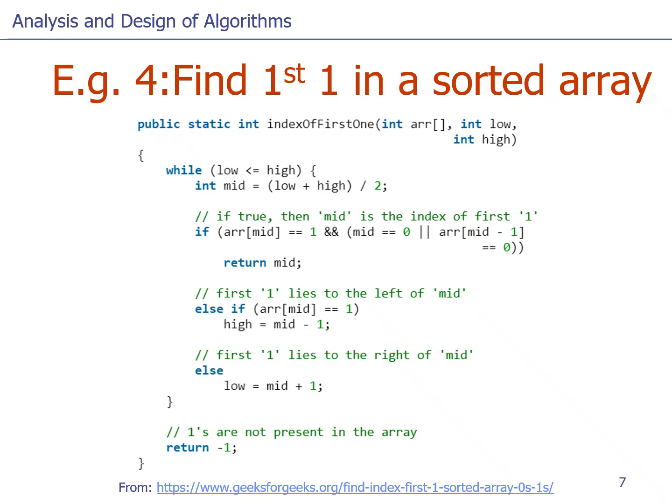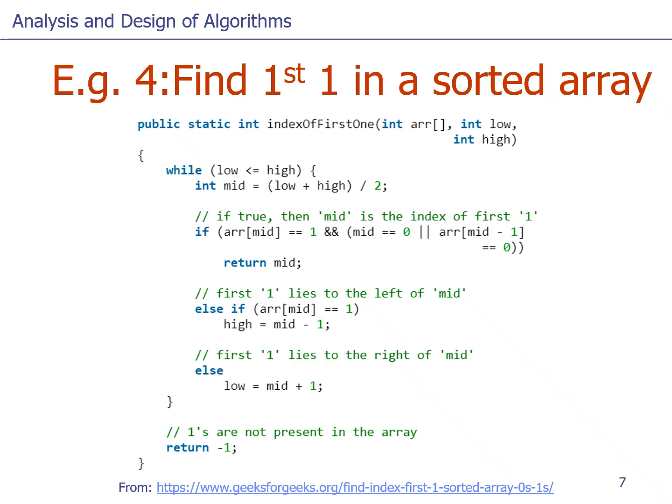If array of mid is equal to 1 and the mid itself is equal to 0, that means I am working with array of 0. So if array of 0 equal to 1, there is no way there could be anything before that, because this is location 0 in the array. So I'm just going to return mid.